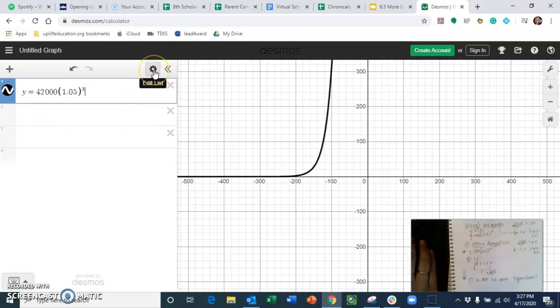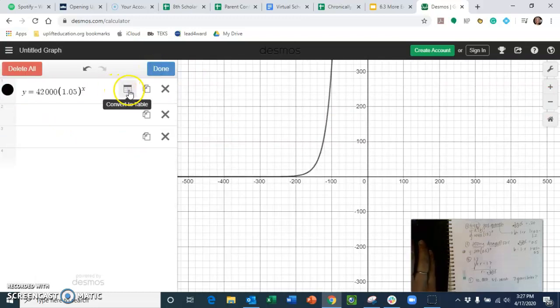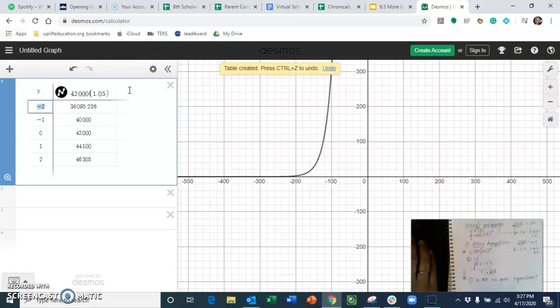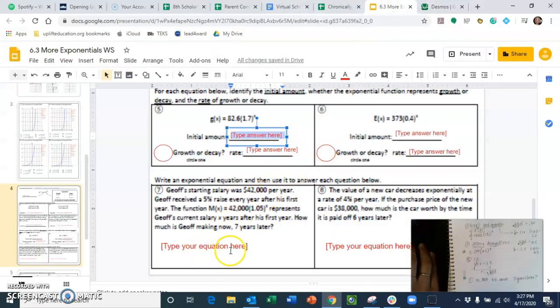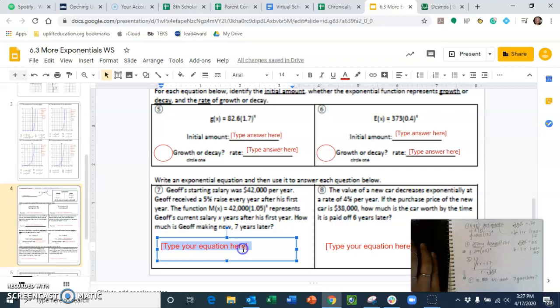So that means I'm going to go to Settings, Table. I want to find how much money is going to be in the account, or how much he makes after 7 years. And you'll round it so it's $59,098. So that means that it's going to be $59,098.